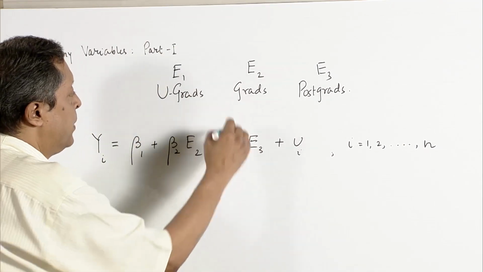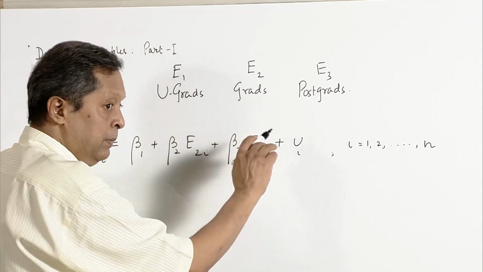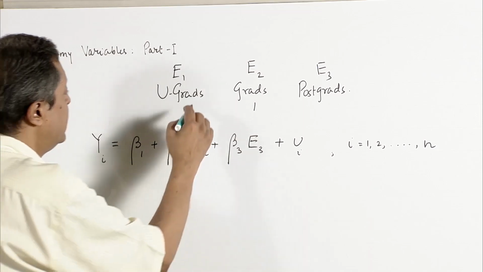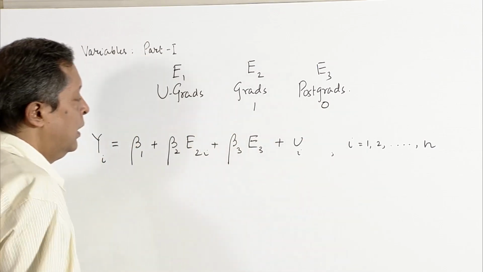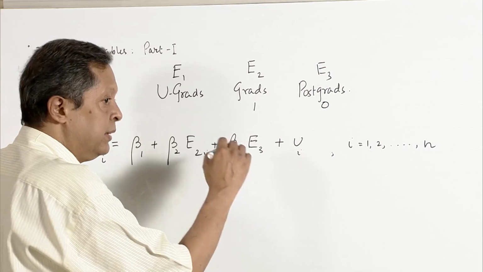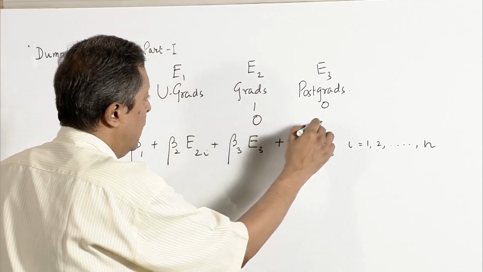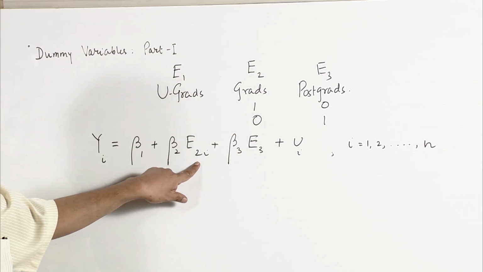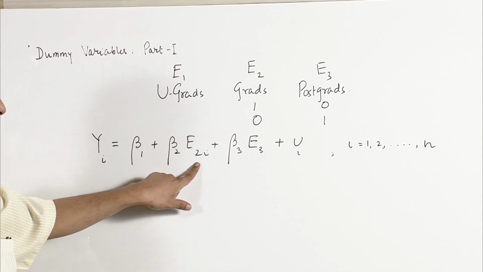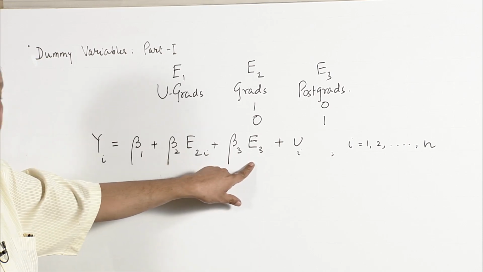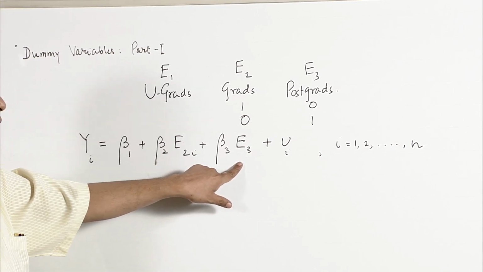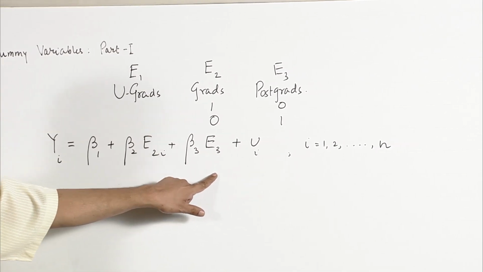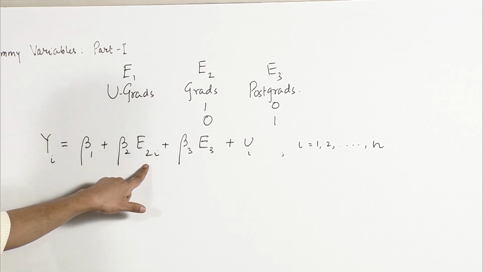When the person is a graduate, but not a postgraduate, we say 1, and so this is therefore 0. And when the person is a postgraduate, that is beyond the graduate, we put 0 and 1. So, E2 will be 1 for people who are only graduates, and E3 will be 1 for persons who are postgraduates. So, E3 is 1 if it is a postgraduate case, otherwise 0, and E2 is 1 if it is a graduate, otherwise 0.